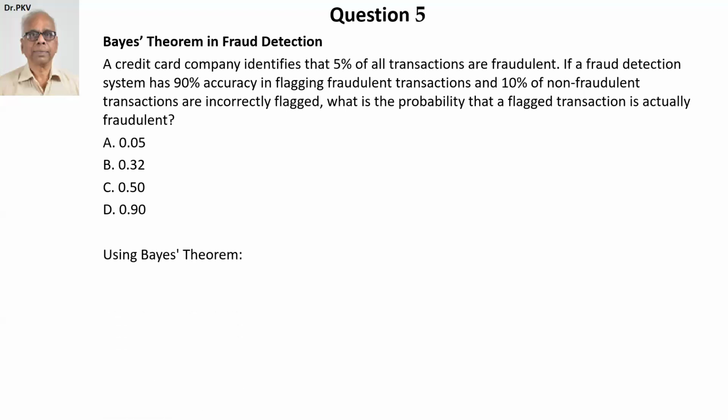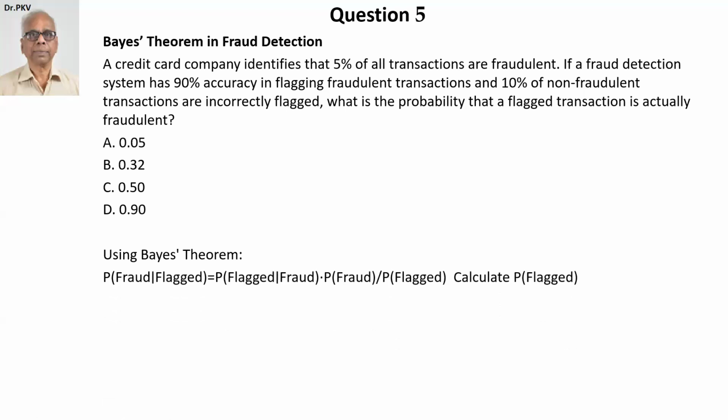Using Bayes theorem, the question says, what is the probability that a flagged transaction is actually fraudulent? So, what we want to find out is the probability of fraud given flagged. So, I can invert it. This is equal to the probability of flagged given fraud multiplied by the probability of fraud divided by the probability of flagged.